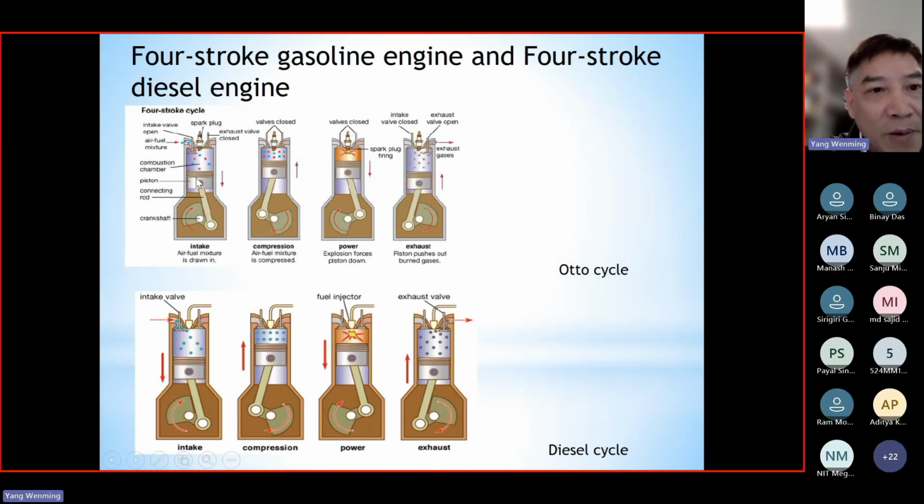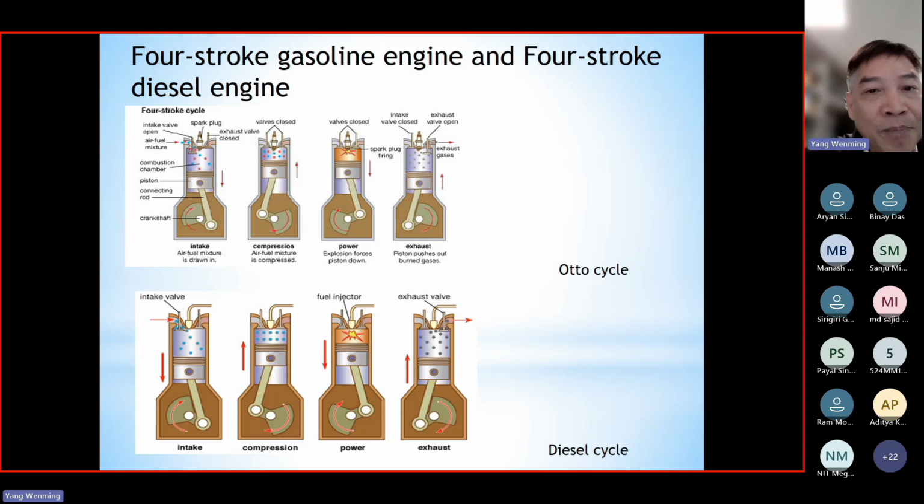So you can see in four-stroke engines, in the intake stroke, the fuel-air mixture will be drawn into the engine, correct? However, for the diesel engines, only fresh air will be drawn into the engines. Okay, the second stroke is the same compression stroke.